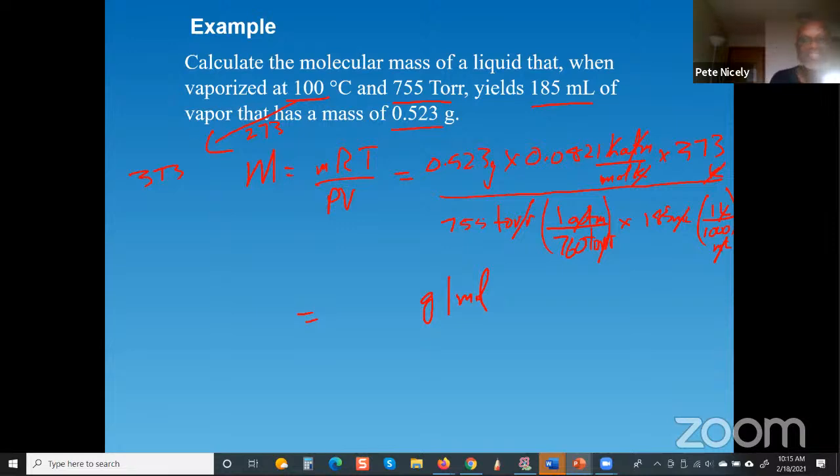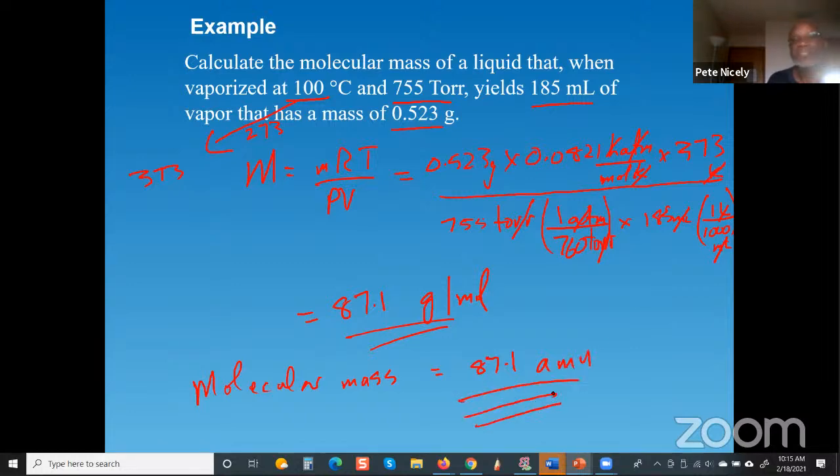According to my calculations, I got 87.1 grams per mole, which means that the molecular mass, which is what the question is asking for, is equal to 87.1 AMU. And that's how that one is done.